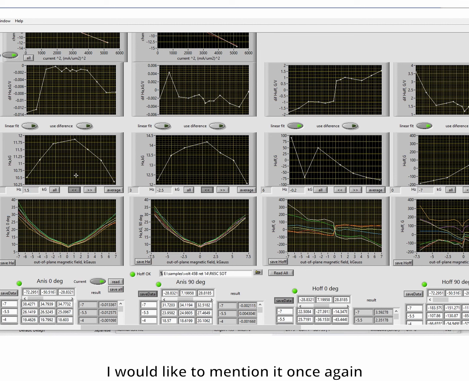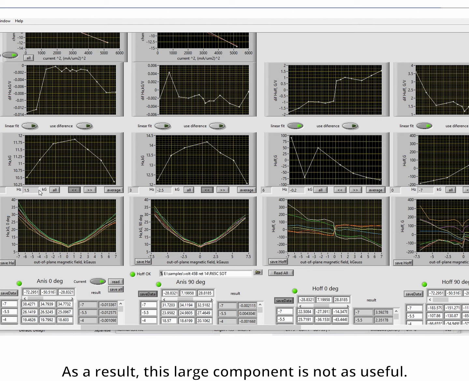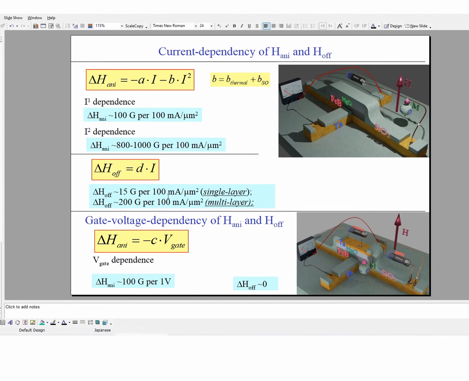I would like to mention it once again: even though it is so large, the current square component cannot be used as a parametric mechanism of magnetization reversal. As a result, this large component is not as useful.